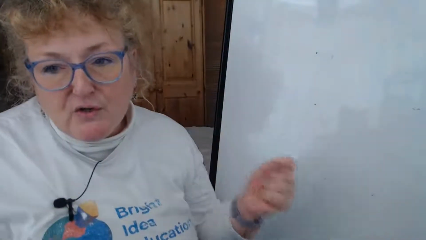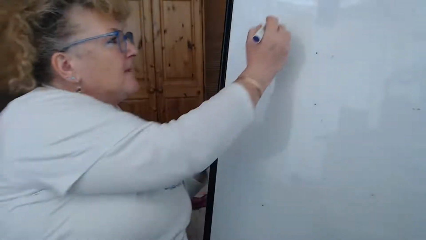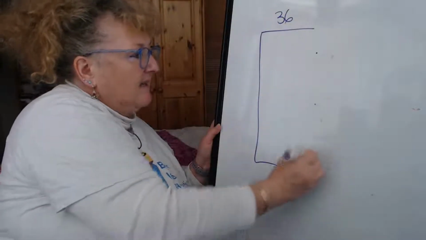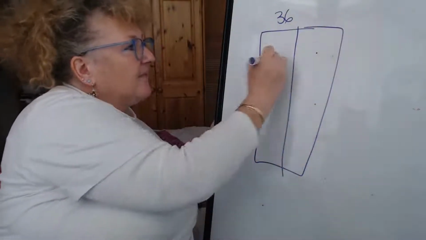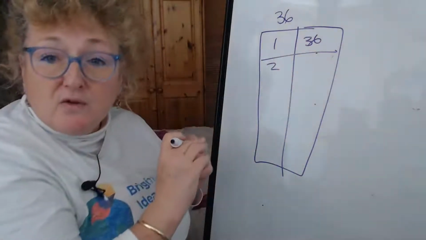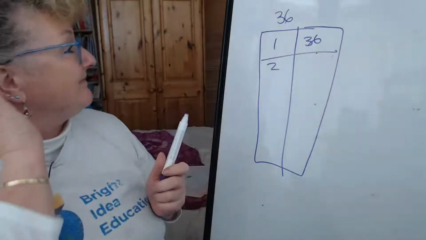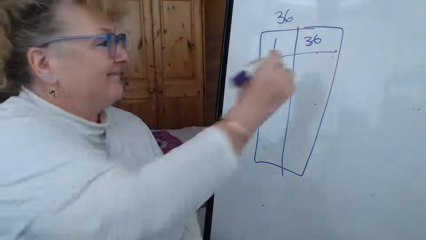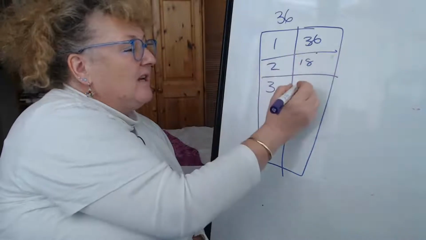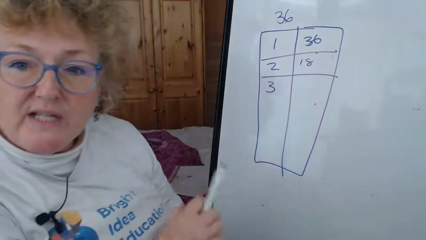Okay, some people saying it's true, some people saying it's not. Can you try 36 for me? Let's have a little look at what factor pairs we can find in 36. Okay, so 1 and 36, 2 and what? 2 and 18, 3 and, does 3 go into 36?